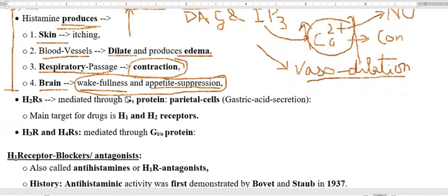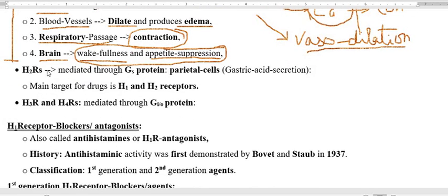The same histamine, when it attaches to the histamine 2 receptor, activates another GPCR, particularly the Gs protein.